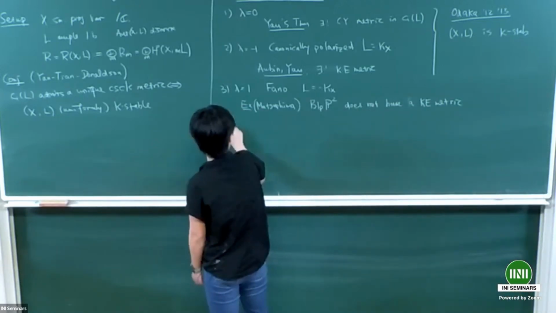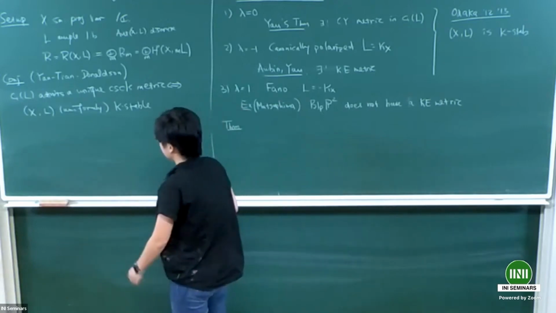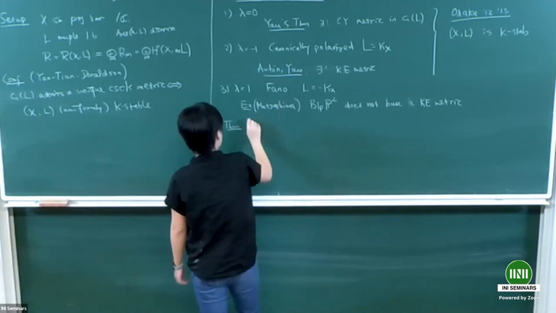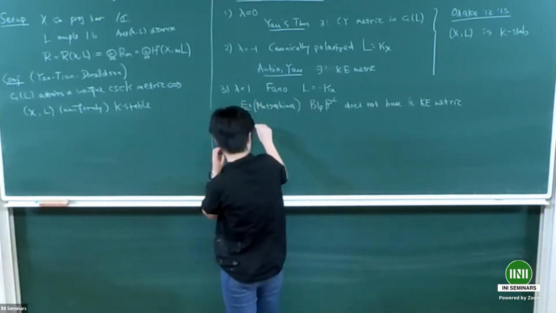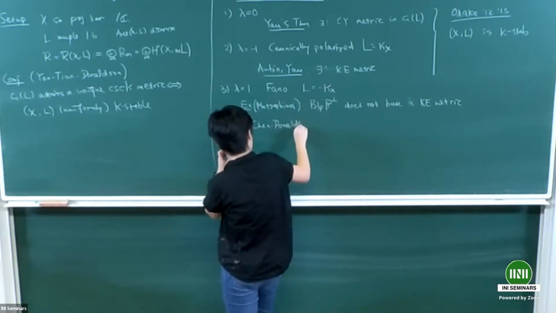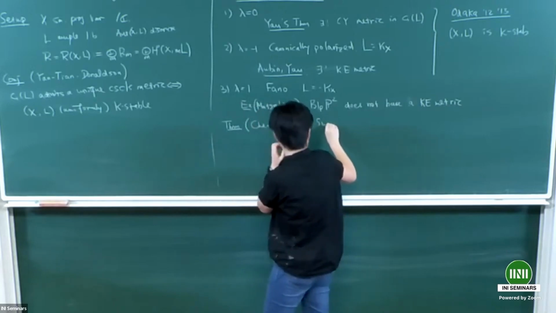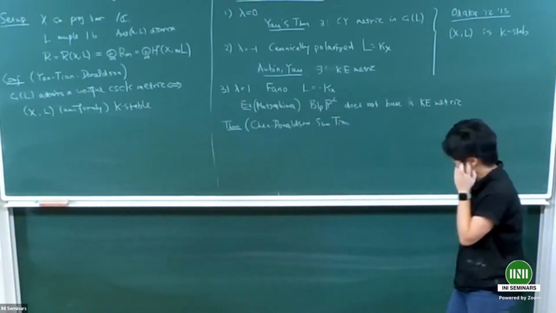So right now, you actually have the full theorem. At least the simpler version I'll state is due to many people. Originally Chen, Donaldson, Sun, and Tian, in the smooth case, via analytic methods.